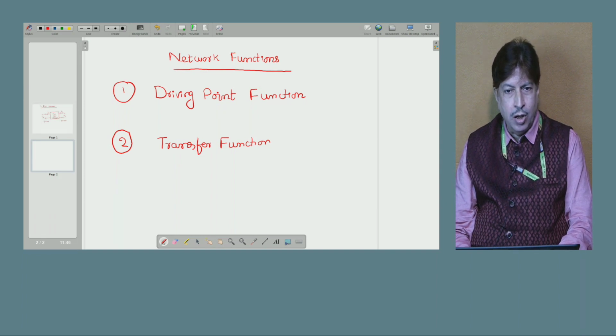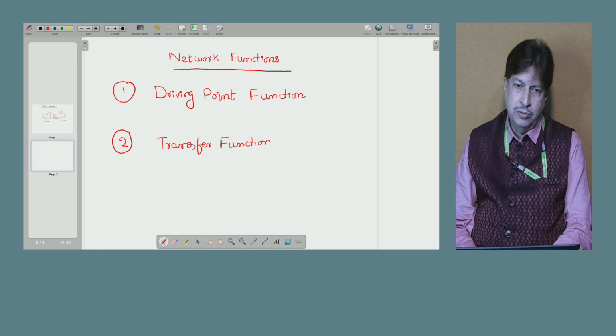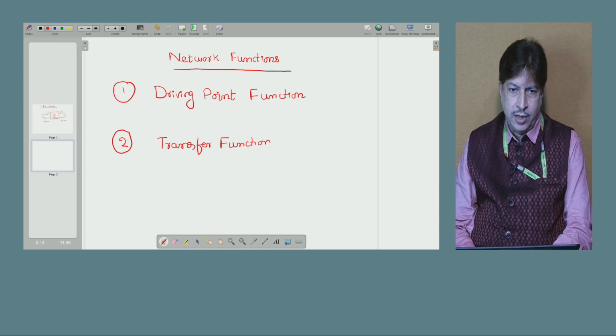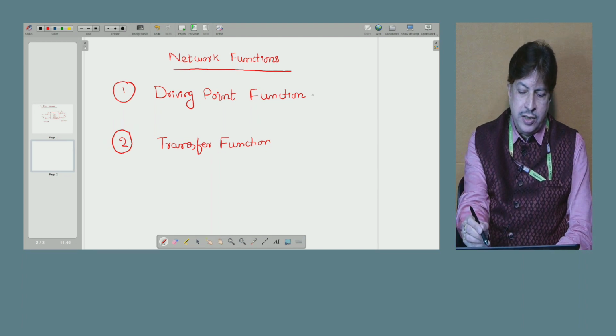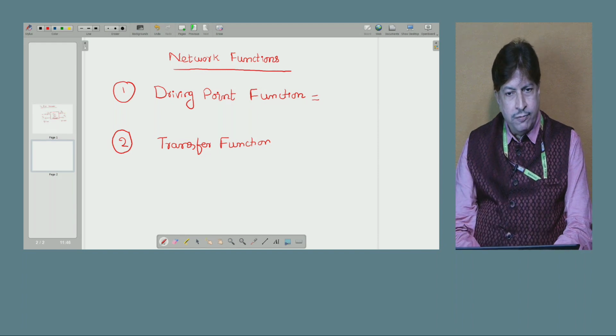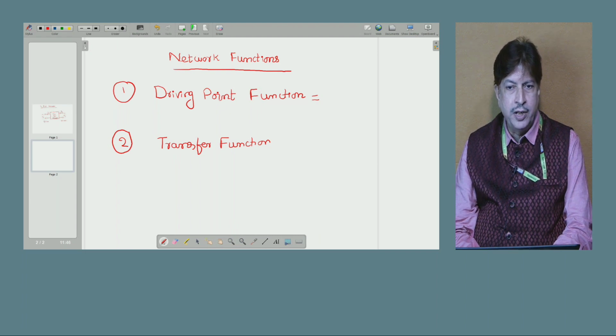Denominator function also is a Laplace transformation. Coming to the first network function, driving point function, it is the ratio where both numerator and denominator belong to the same port variables.